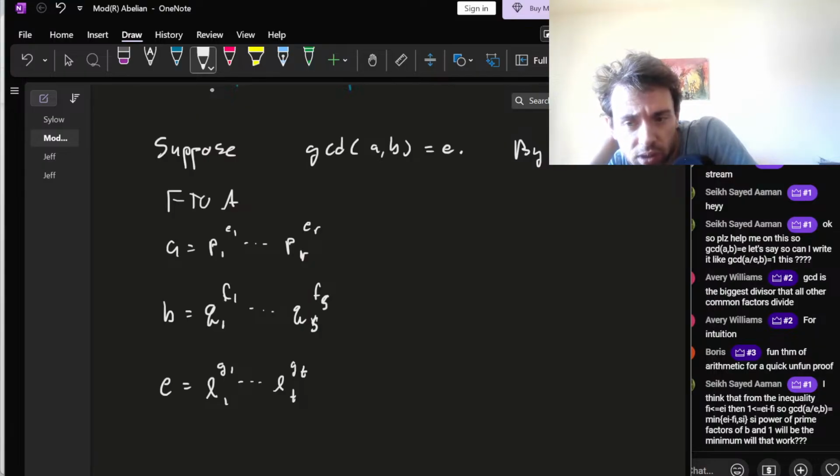Why would Ei minus Fi be at least 1? So I don't think your second equality follows. And the GCD will not be equal to that.